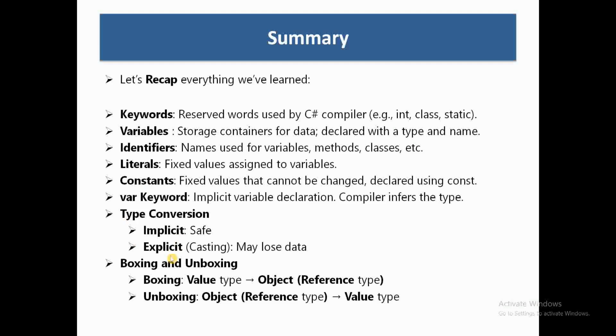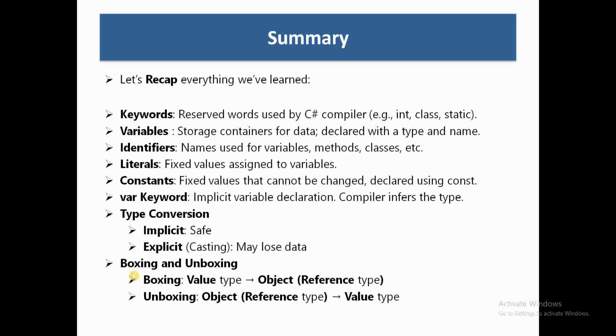Explicit is like if we are putting a decimal value like a float value into the integer value, it will definitely remove the after dot value. It will only get the digit before dot, so it may lose data in the explicit conversion. Last but not the least, that is boxing and unboxing.